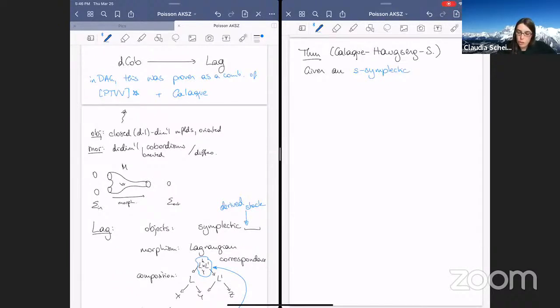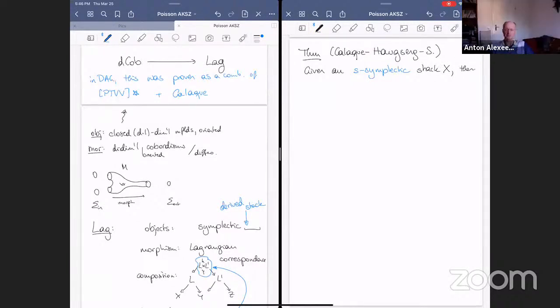In derived algebraic geometry, we don't only have symplectic things, but we have S-shifted symplectic things. And I'll get to where that comes from in a moment.